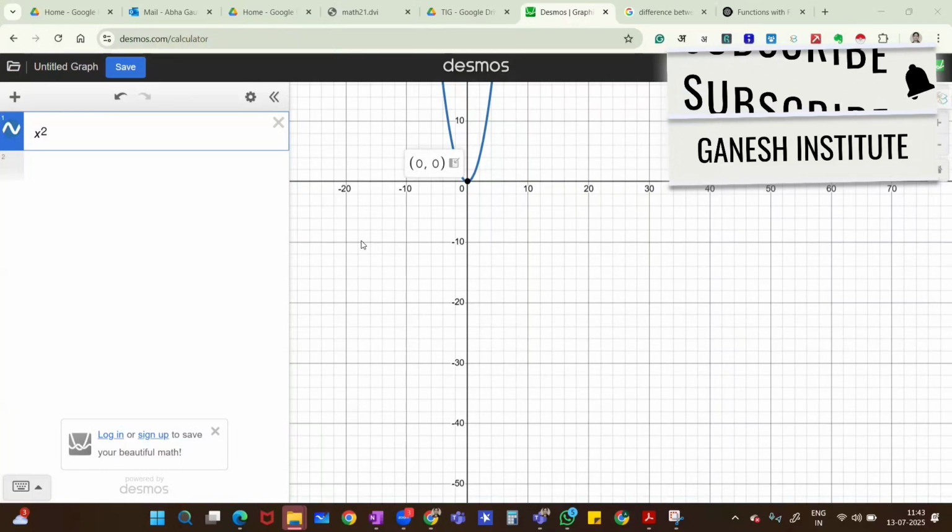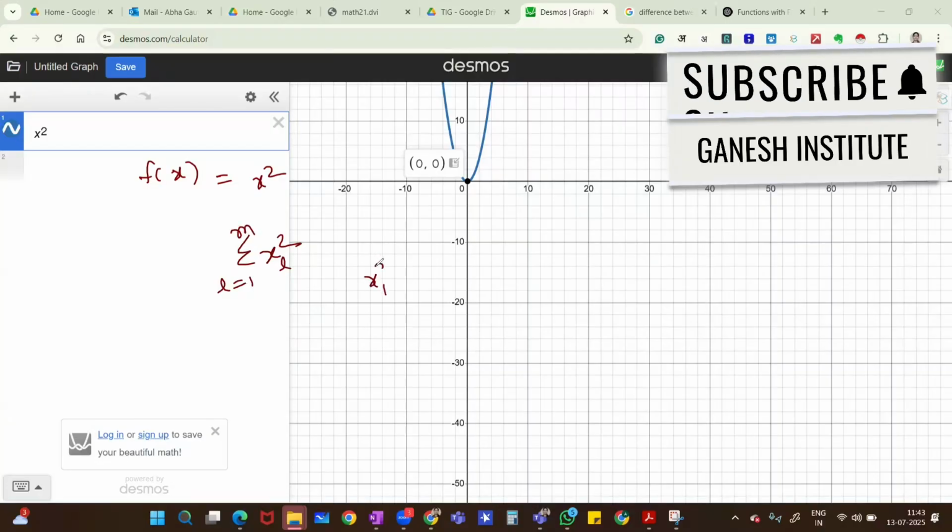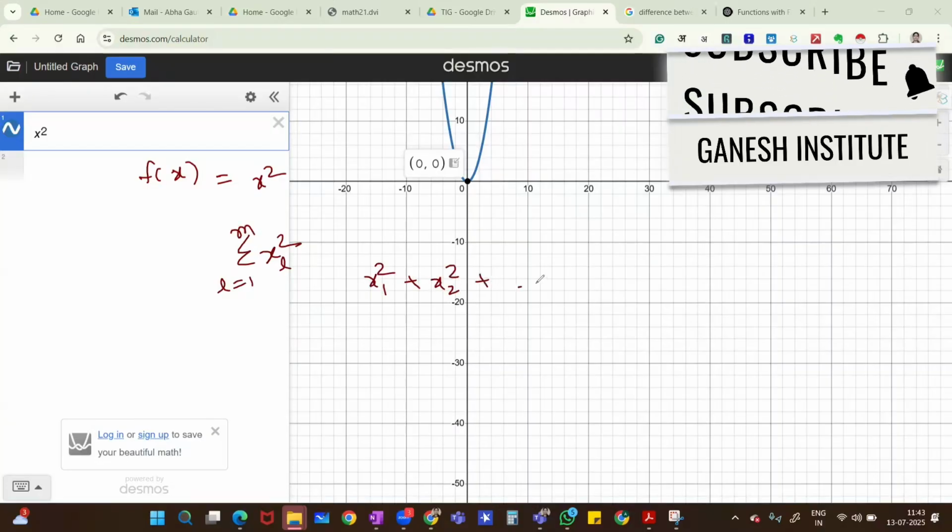What is the sequence here? The sequence can be, let's say, if the values are given, this is x square, and then if you have this sigma, sigma x square for any such values, which is x1 square, x2 square, are you getting my point?